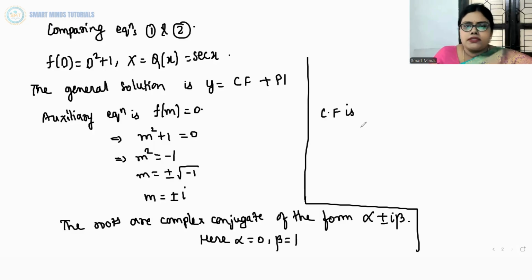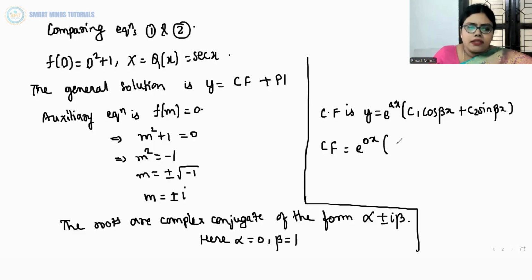The complementary function is y is equal to e power alpha x into (c1 cos beta x plus c2 sin beta x). So the complementary function is e power 0x into (c1 cos x plus c2 sin x). e power 0 is 1, so this can be written as c1 cos x plus c2 sin x.